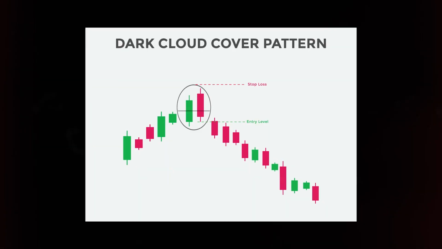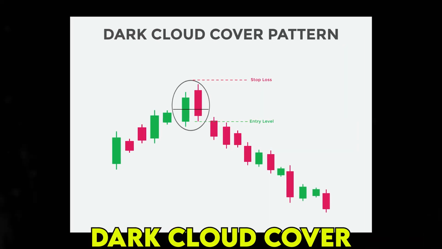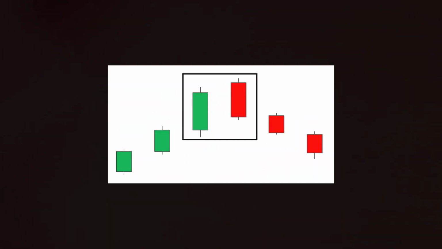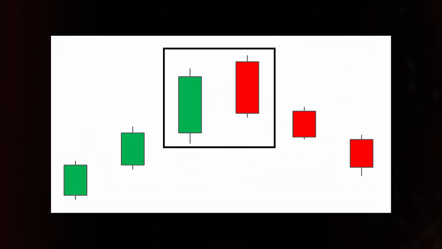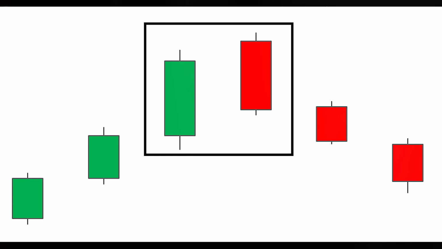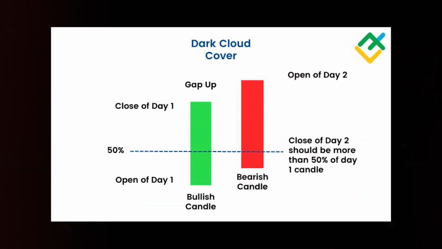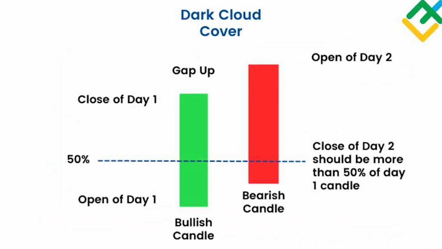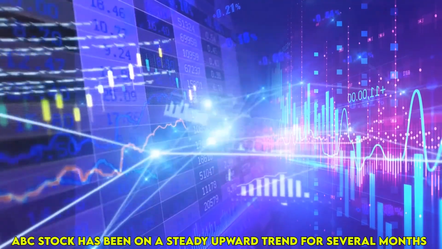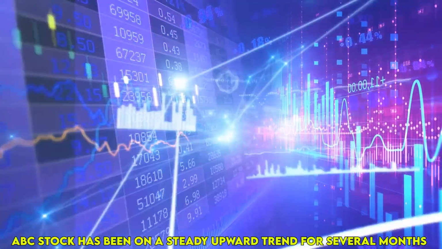1. Dark cloud cover. Key points: A lengthy white or green candle is followed by a second candle that begins higher but closes below the previous candle's midpoint, signaling a possible bearish reversal. Example: ABC stock has been on a steady upward trend for several months.